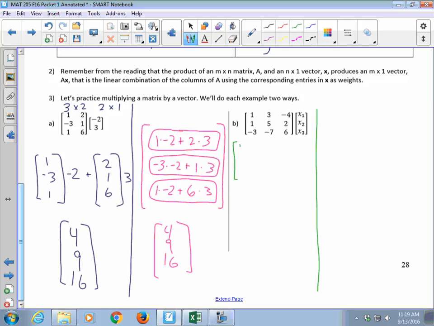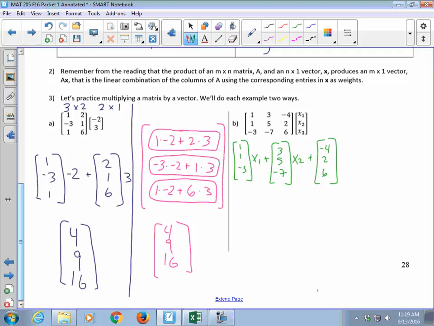So I'm going to have 1, 1, negative 3 with a weight of x1, 3, 5, negative 7 with a weight of x2, and negative 4, 2, 6 with a weight of x3. And then I could simplify it if I want to. That's pretty simple already, but this says x1 plus 3x2 minus 4x3, just like read across.